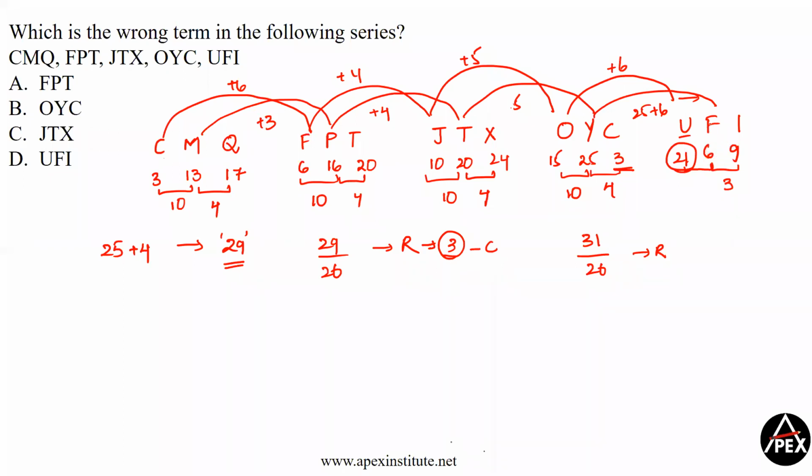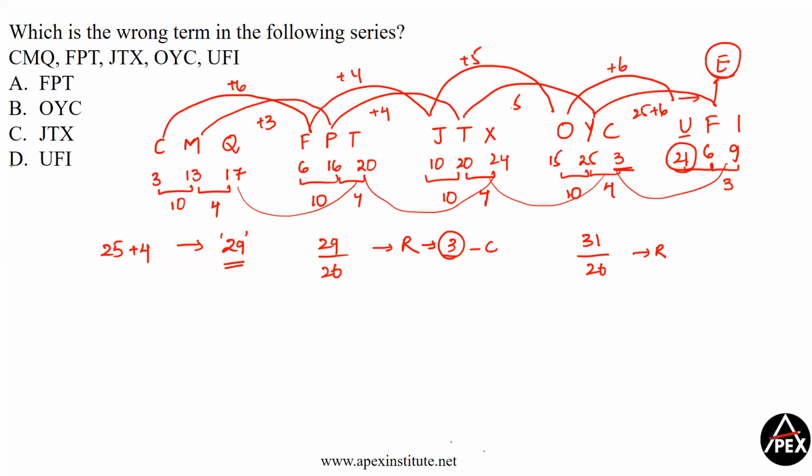So instead of F, if we have E, and instead of this being 3, this is 4, this is 5 again, and this is 6. So instead of F, if we have E, but it is not required to find the correct term of this series.